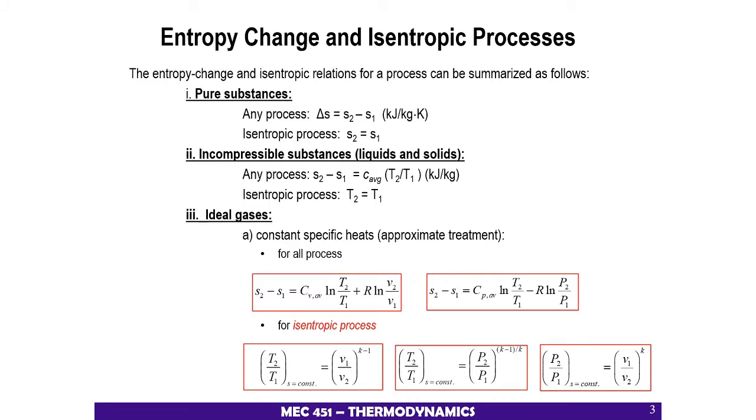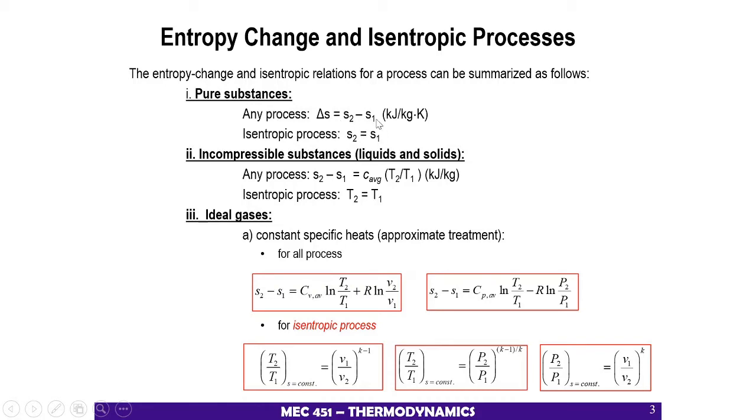The entropy change and isentropic relation for a process can be summarized as follows. For a pure substance, at any process, the change in entropy is equal to entropy 2 minus entropy 1, whereby for an isentropic process, S2 is equal to S1.